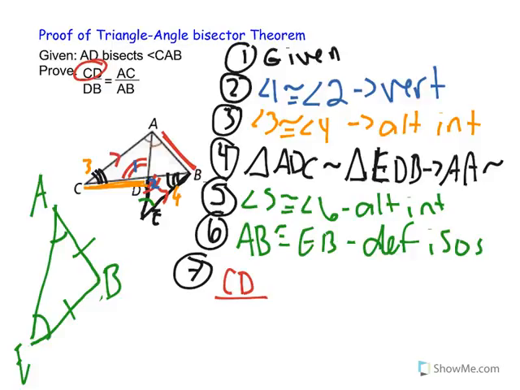So it'll have to be same thing from a triple to a double. So that would be DB.